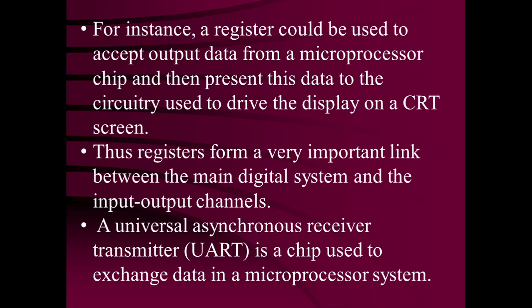So the decoder decodes this data, which is in digital form, to analog form, and that data is stored temporarily in a shift register and then presented to the circuitry used to drive the display on a CRT screen. The register forms a very important link between the main digital system and input-output channels. That's why shift registers are very important in a digital system, and they provide an important link between the main digital system, that is the CPU or MPU, and input-output devices.